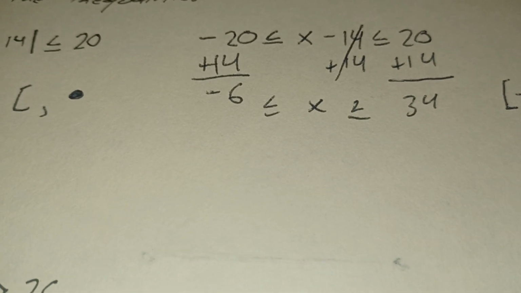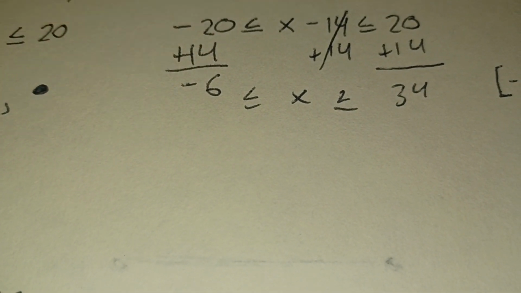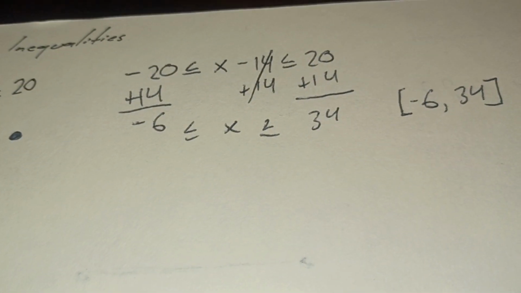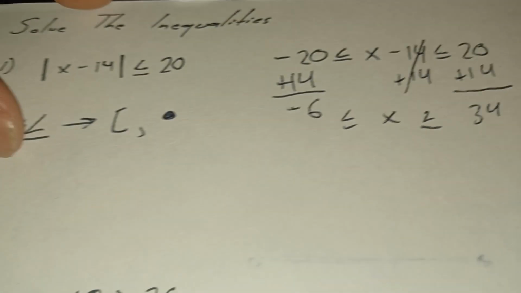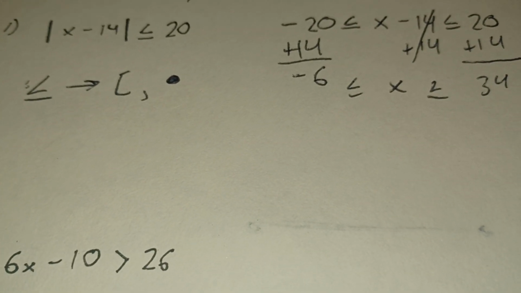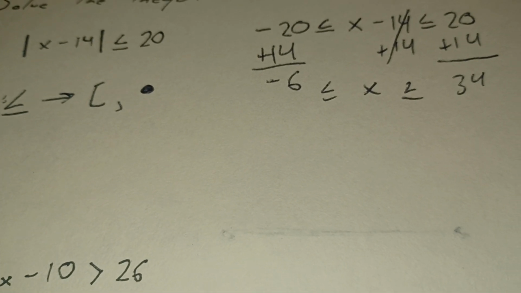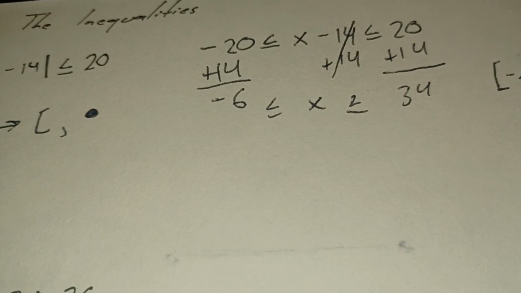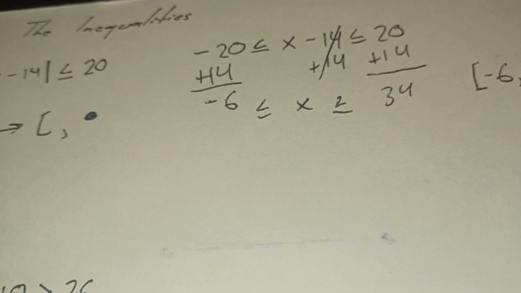This indicates that x is greater than or equal to negative 6, but 34 is greater than or equal to x, so x is in between these two values. Again, we use a bracket because of the equal sign at the bottom. That means whichever point you pick on the graph can be negative 6 or 34, so it is included.